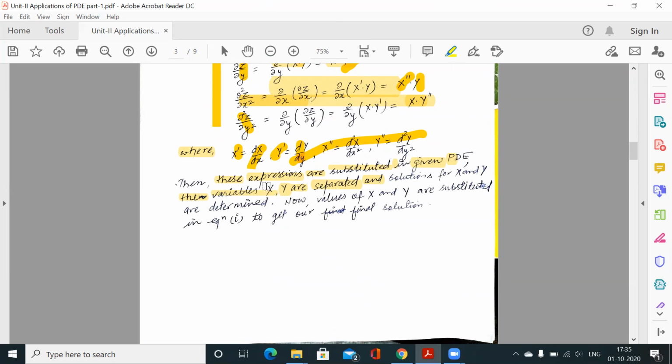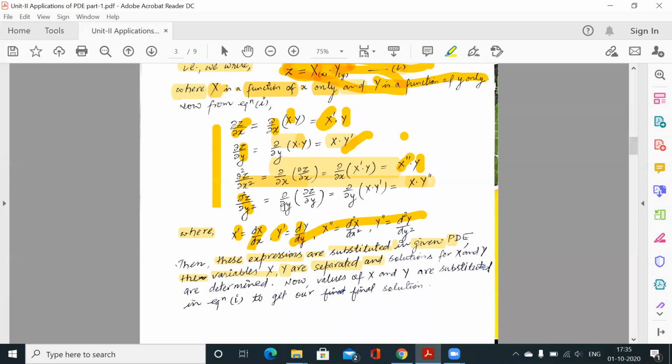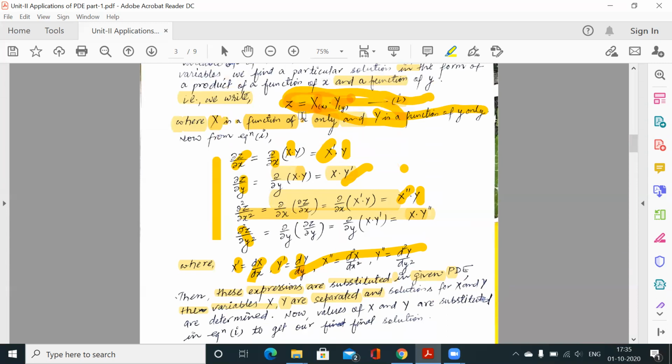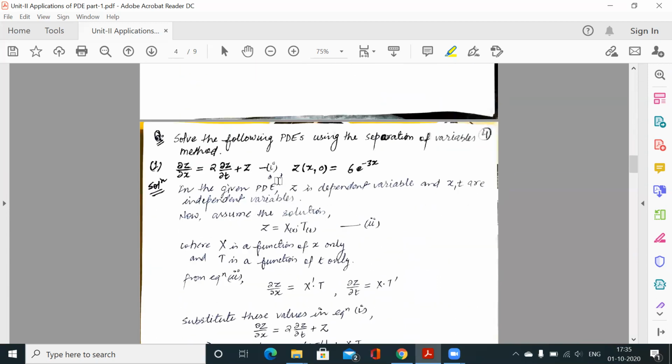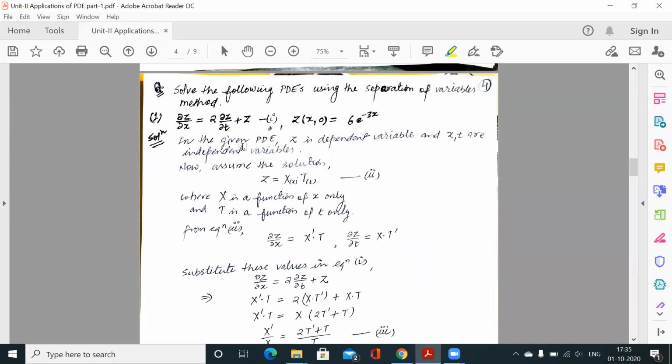We will solve the differential equation in x, so we will get a solution for capital X, and the other equation is in capital Y, so we will get a solution for capital Y. Whenever we get the solutions of X and Y, we will substitute those values in equation 1, capital X into capital Y. This was the assumed solution. So now we substitute those values here to get our final solution. It is a very simple process. Now suppose we are solving the questions, you will understand each and every step.